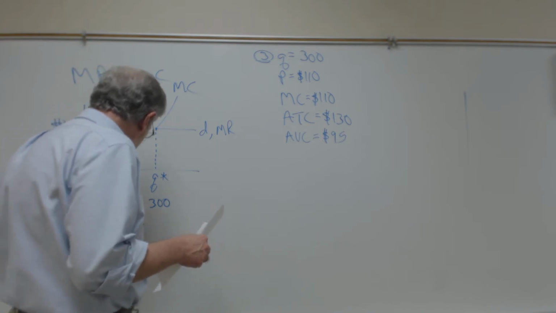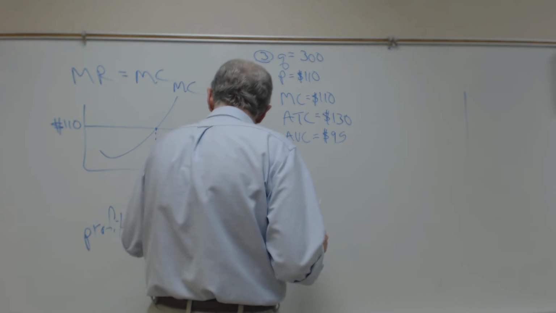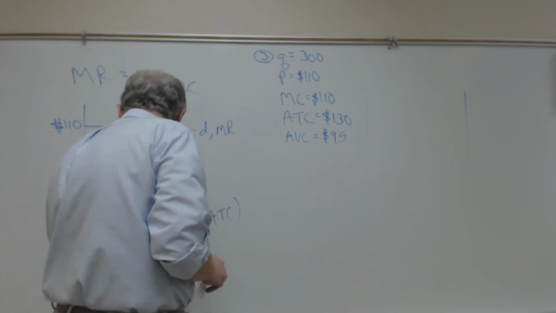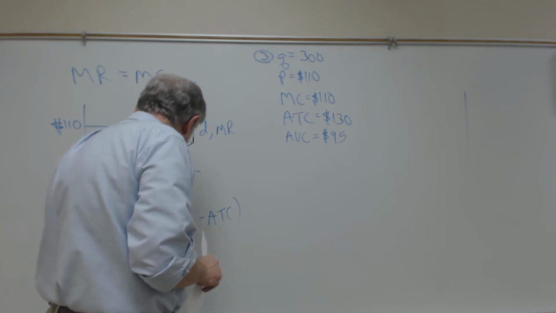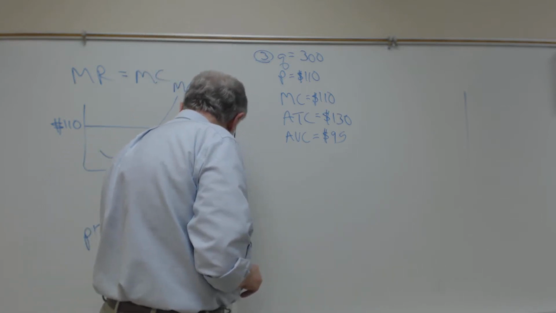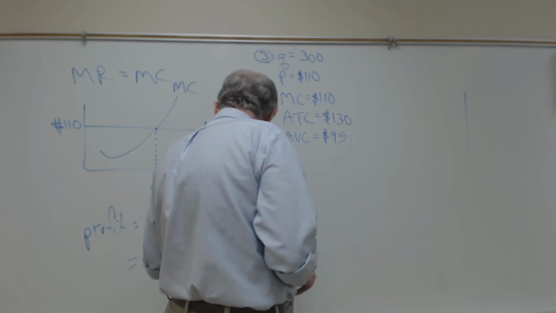Profit, as always, is quantity times price minus ATC. Quantity is 300. Price is 110. Average total cost is 130.